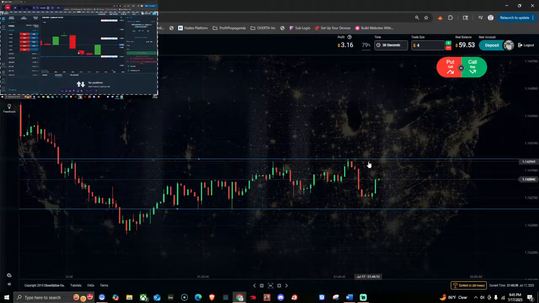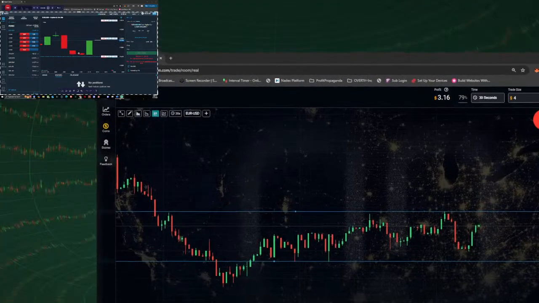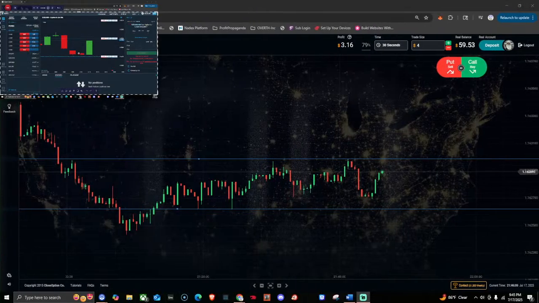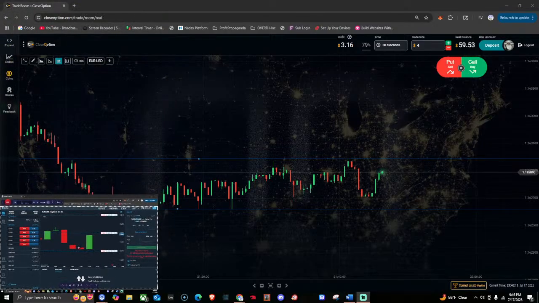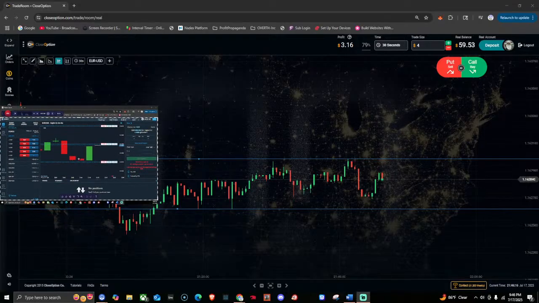So we see some form of placement in the market's pricing at this point. On my side, that is at about 1.162990 on this platform. We're looking at the EU. Let me move this down for you guys. There we go.